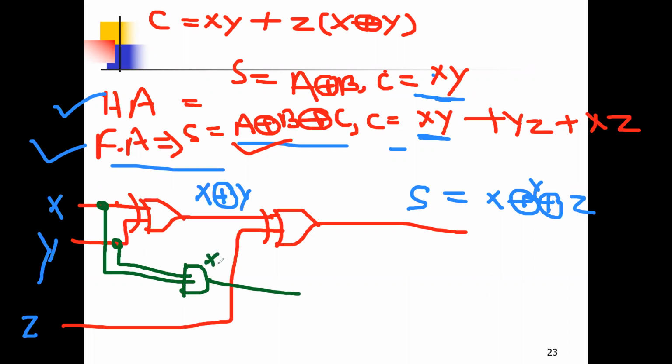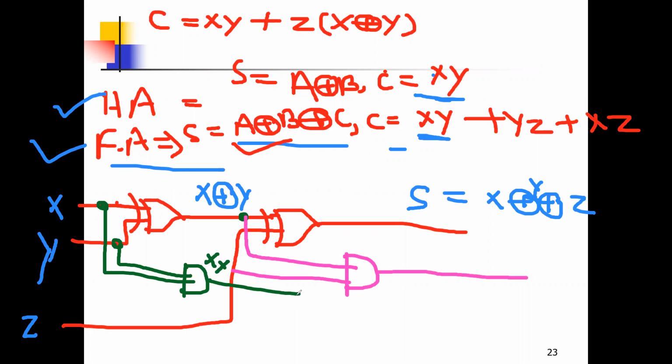This is XY. Then for the other carry term, Z is already here. Then Z with X XOR Y. X XOR Y is this, or not? So I will take this X XOR Y and this Z.